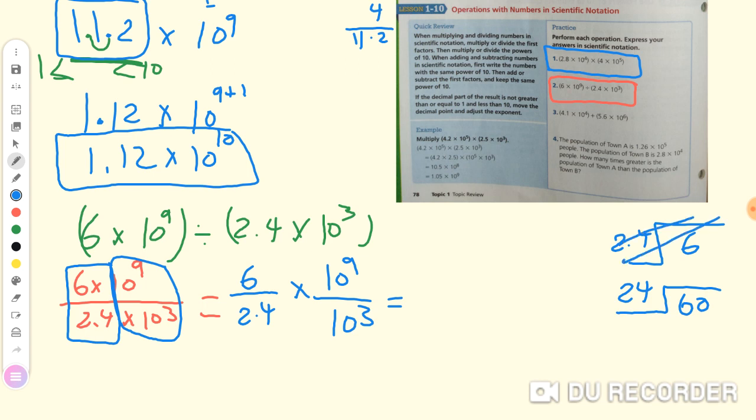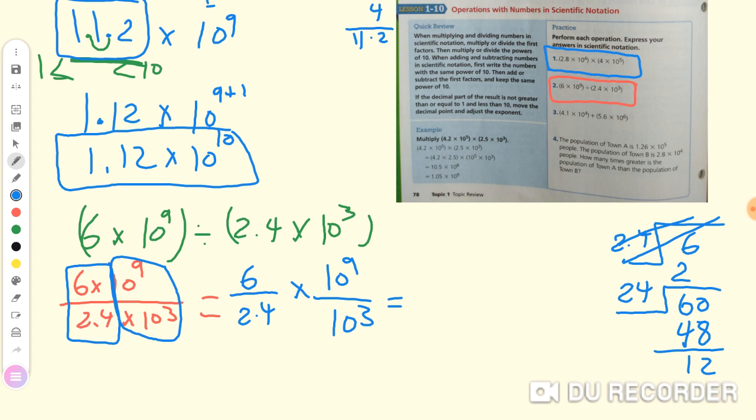60 divided by 24, actually it's about 3, but 3 is more, so it's 2 times 24, 48. 60 minus 48 equals 12.